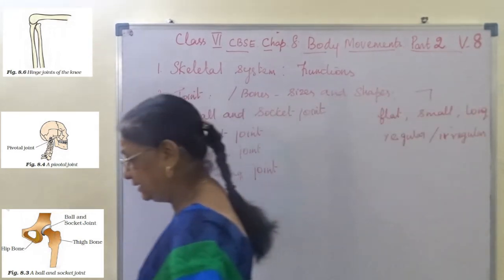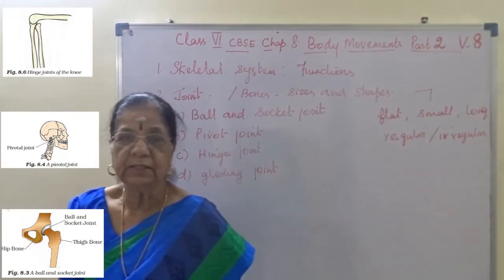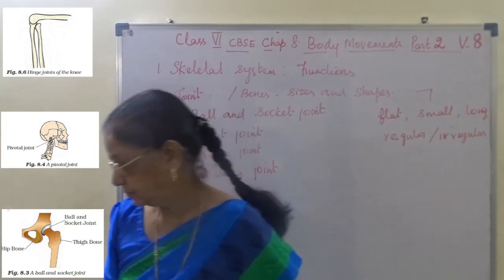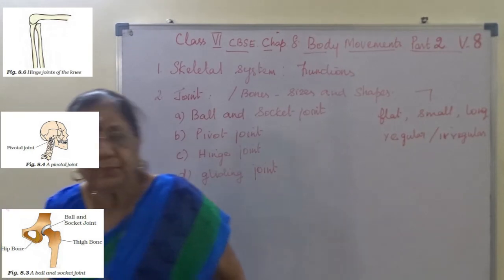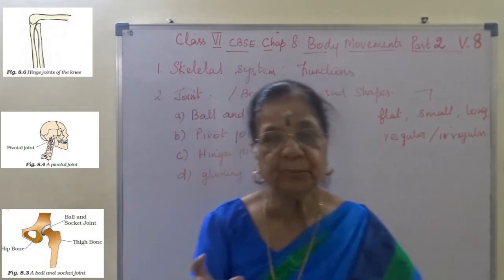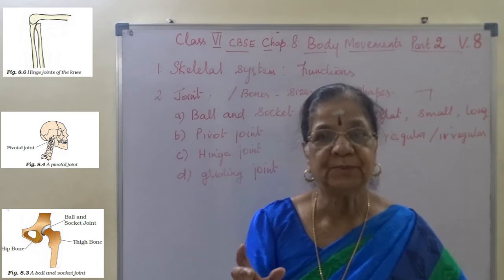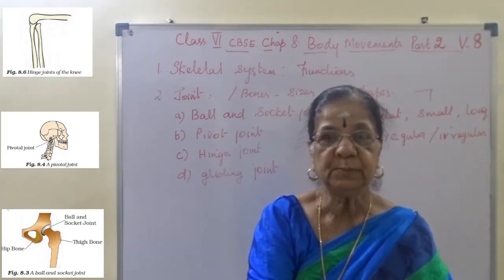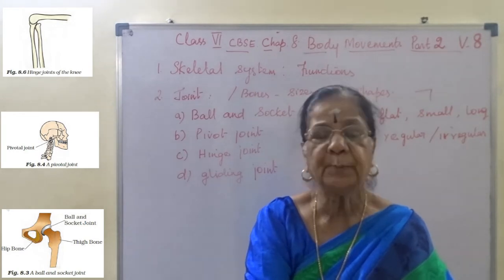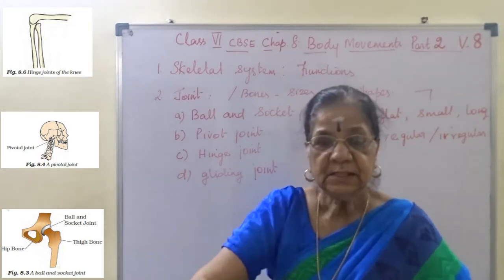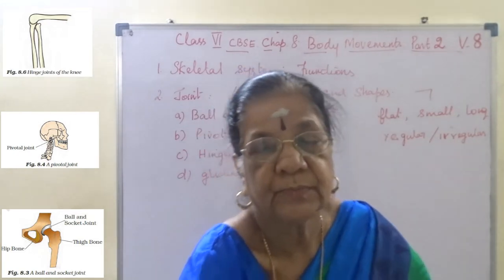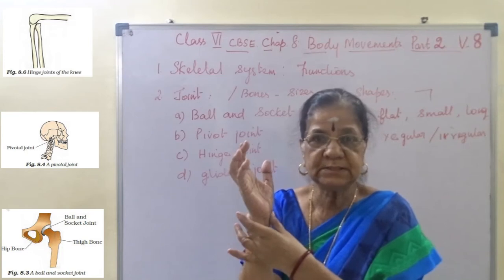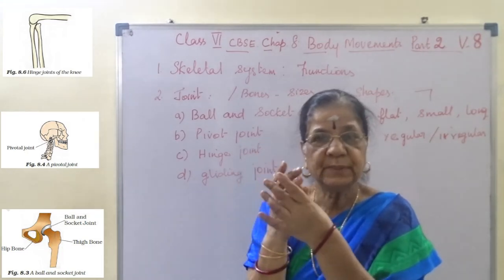Now the next heading we are going to learn is joint. A joint is a place where two bones meet. For example, pectoral girdle, pelvic girdle, appendicular skeleton. Here I have shown the upper arm, forearm, wrist, carpals, metacarpals.